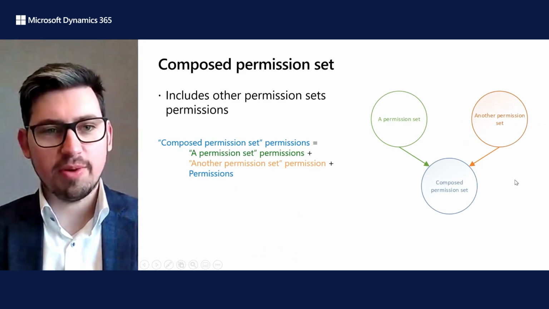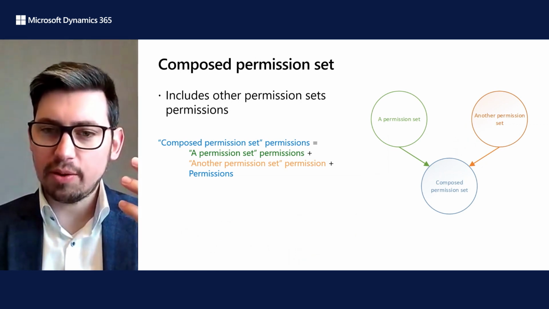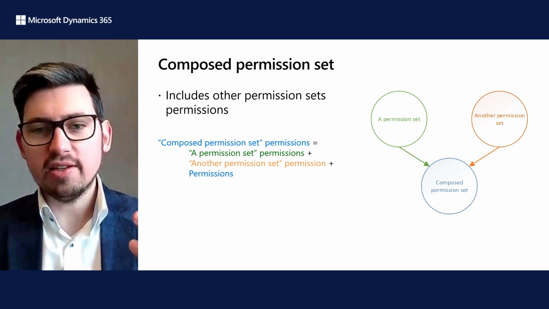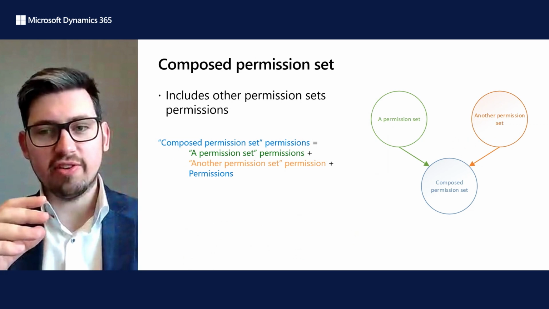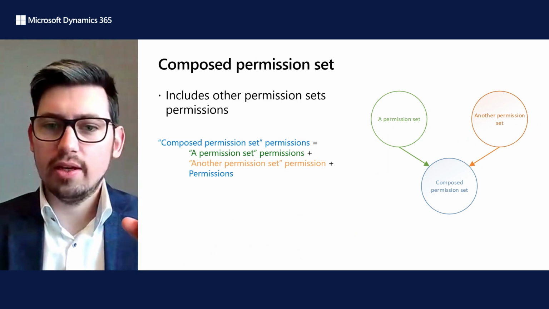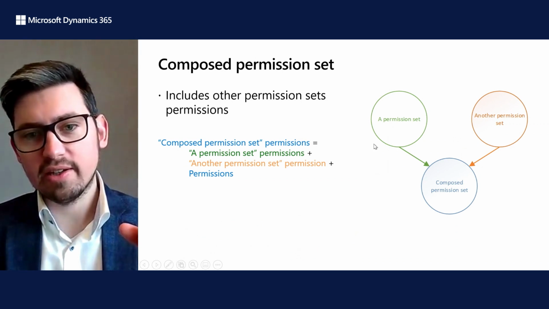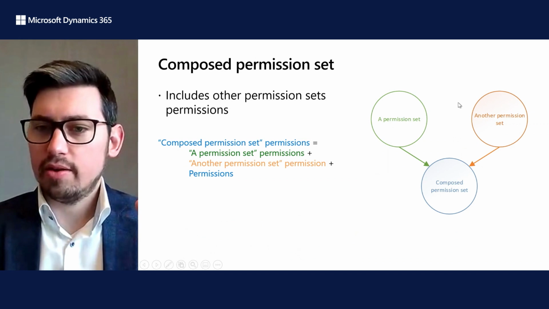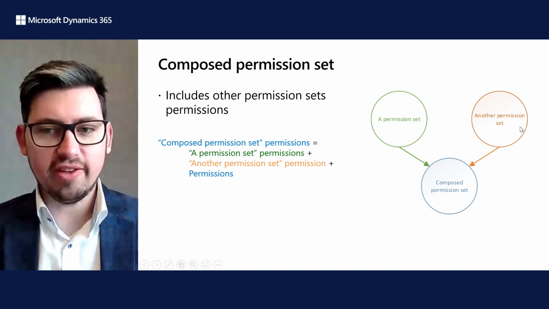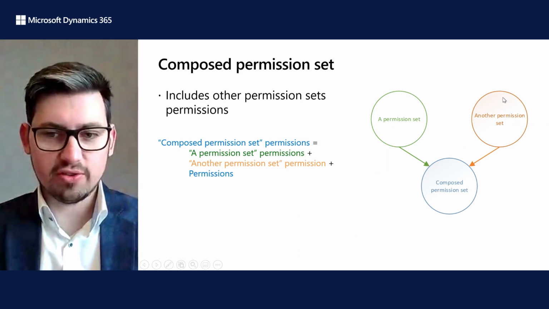A composed permission set is basically an assemblage of multiple permission sets all together. As you can see, the permission set that we had on the previous slide is here, and it contains permissions. There is also another permission set that contains another set of permissions.